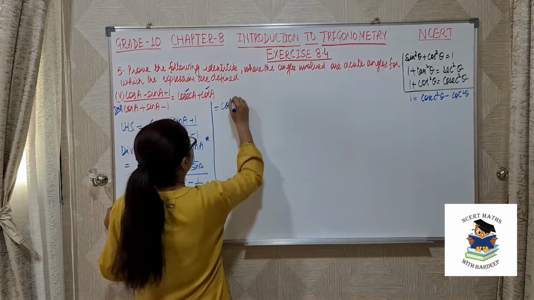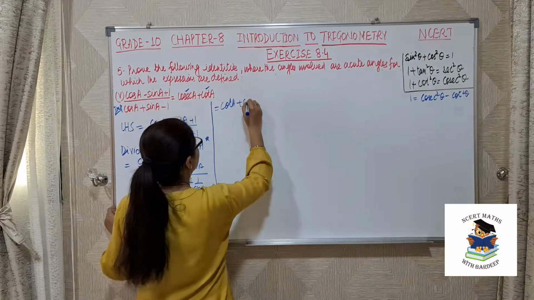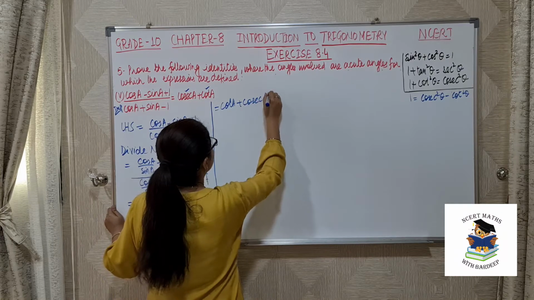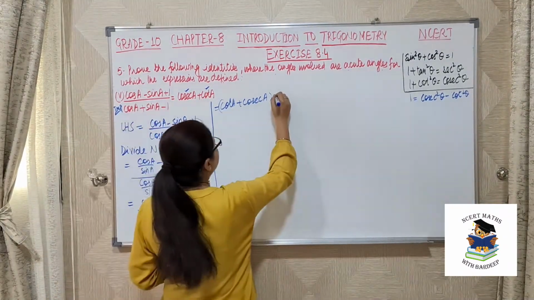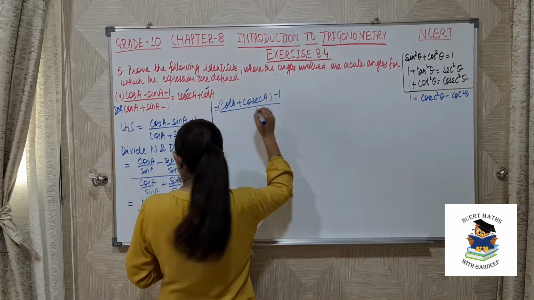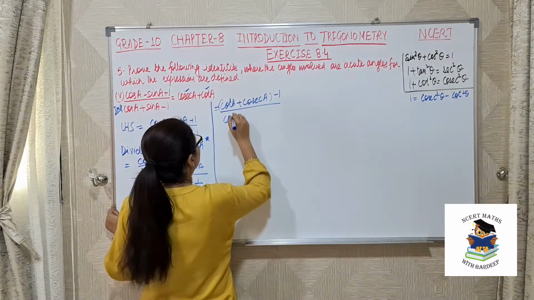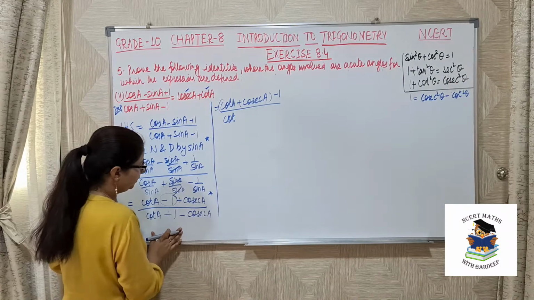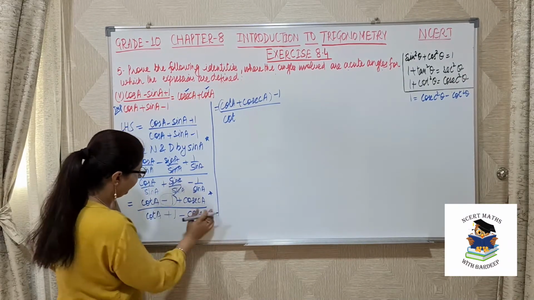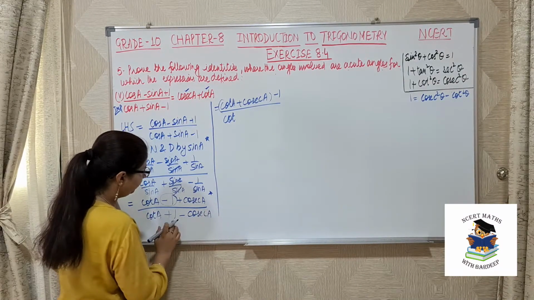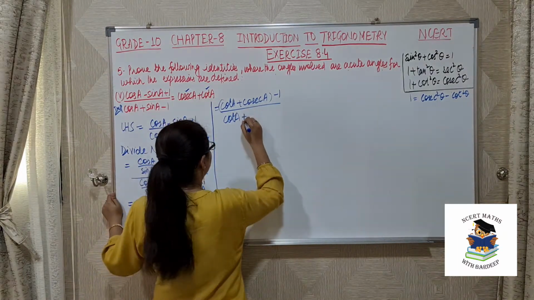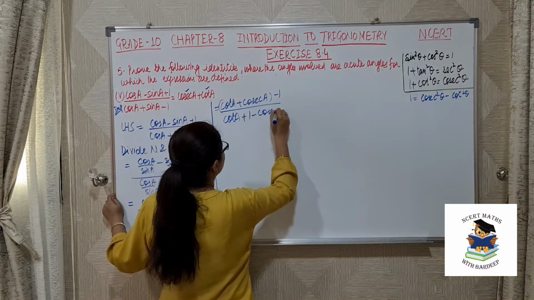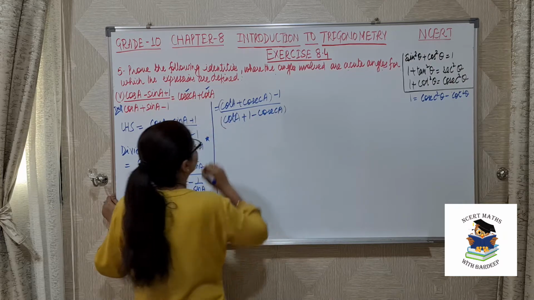This is cot A plus cosecant A, addition is commutative, and this minus 1 I am writing like this. In the denominator, if you want, you can write in the same order, or I can write cot A plus 1 minus cosecant A, or you can change it if you need, that is, cot and cosecant can be written together.